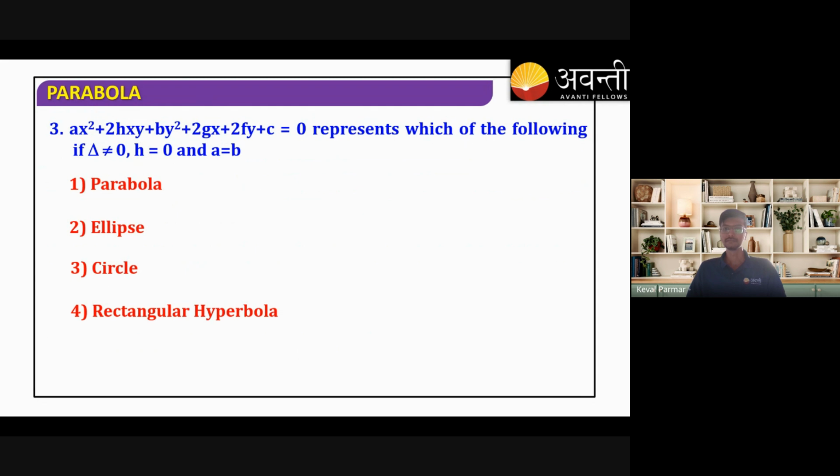It is a... Still not understood? The coefficients of x square and y square are the same. h is 0 means there is no xy term. That means it's a circle, guys.